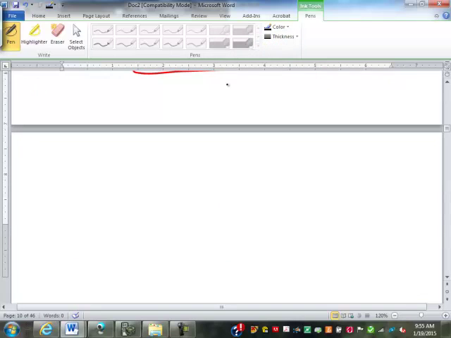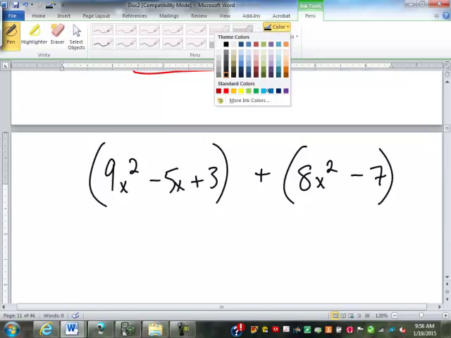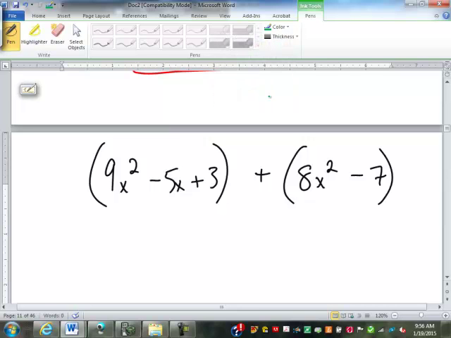It can be a little tricky because we can run into things like this. We just have to make sure we line up the place values, line up the digits. So I have the 9x squared minus 5x plus 3.